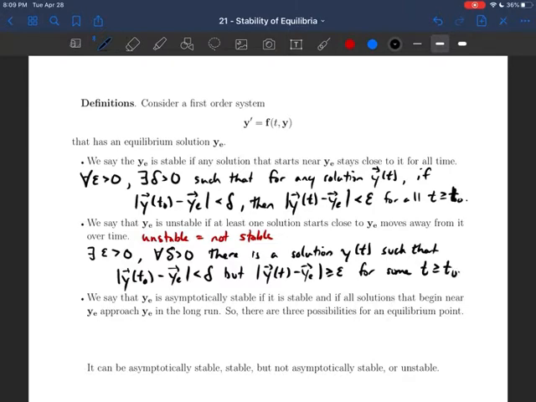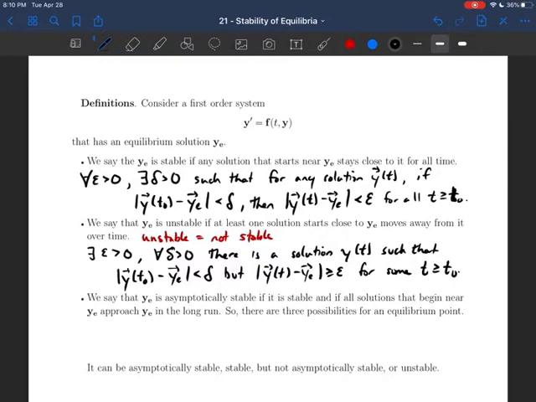So for some t greater than or equal to t0. So that's the negation. We're not going to use that formal version of this negation very often, but it is good to know that there is a solid mathematical definition of exactly what's meant by unstable.